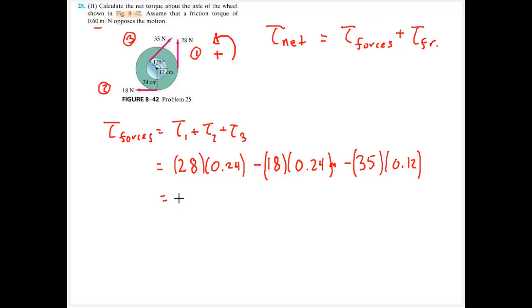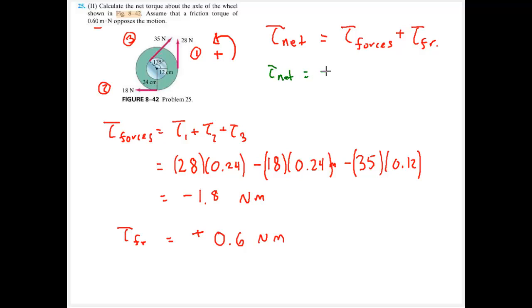So when you add all these up, I'm going to come up with a torque due to my forces of negative 1.8 Newton meters. I know that my frictional torque is going to oppose motion, so that torque is going to be in the positive direction, and it tells me that that's going to be 0.6 Newton meters. Now I have everything that I need to solve for my net torque.